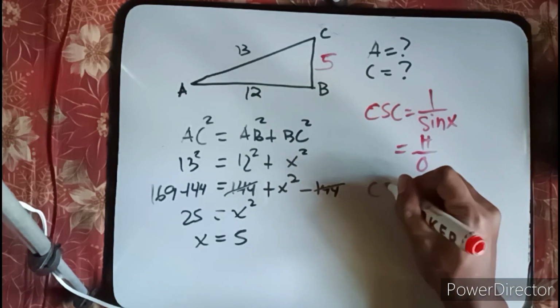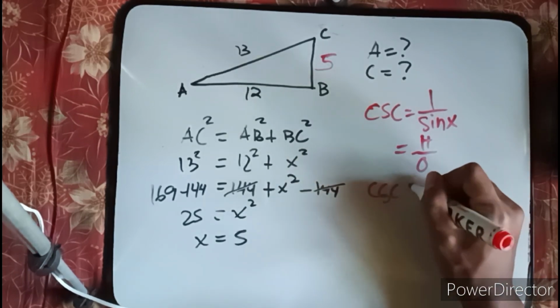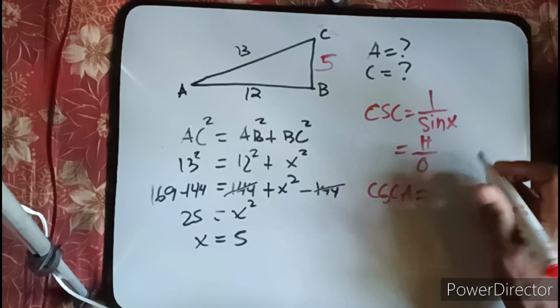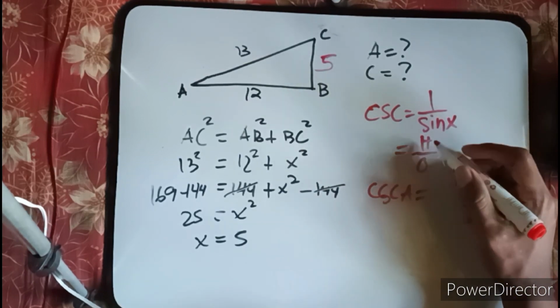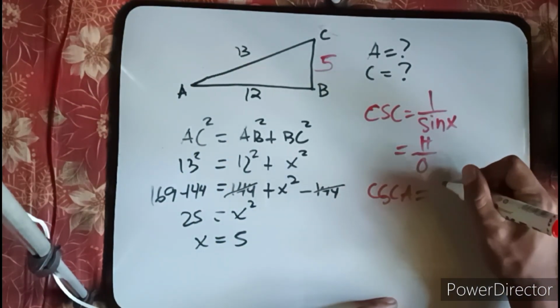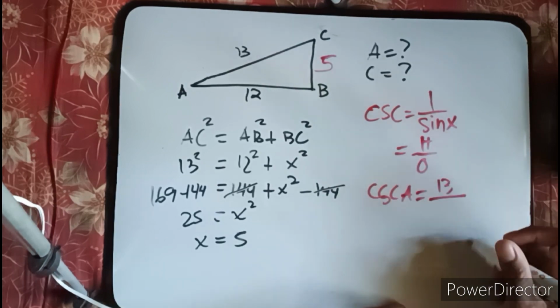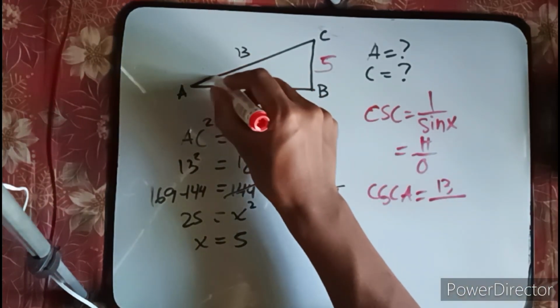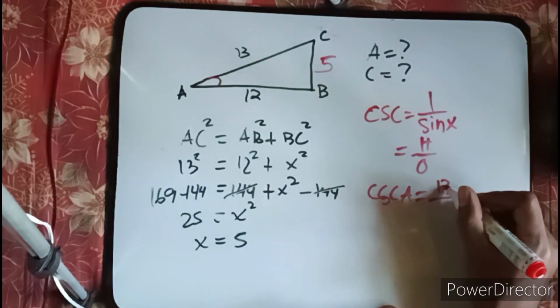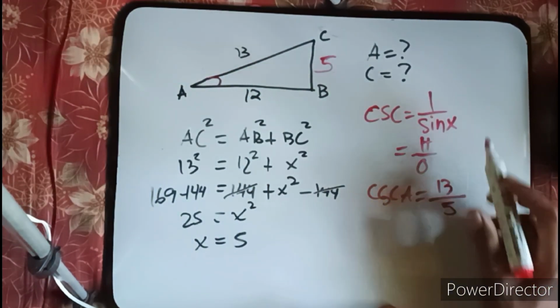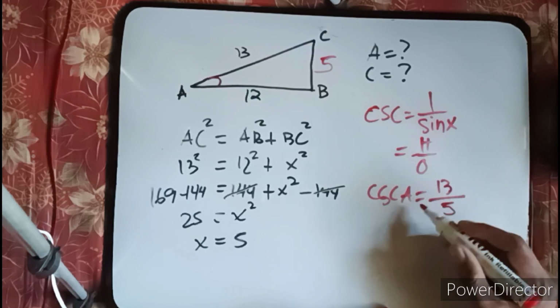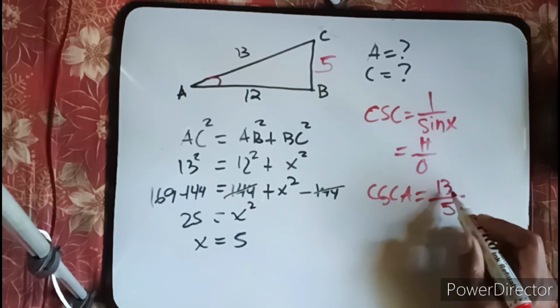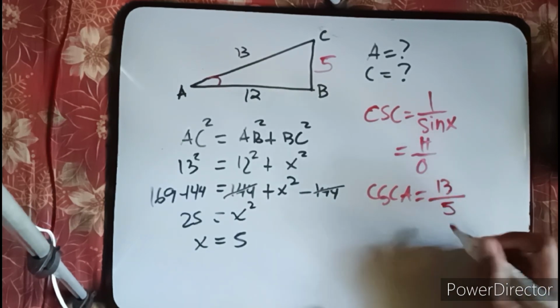Cosecant of angle A is equal to the hypotenuse, which is 13, over the opposite. The opposite side of angle A is 5. So therefore, the cosecant of angle A is 13 over 5.